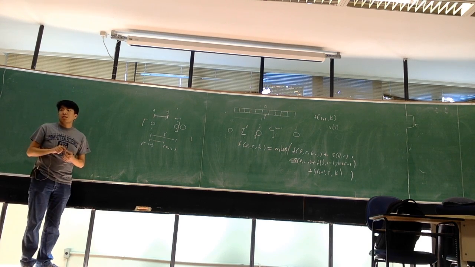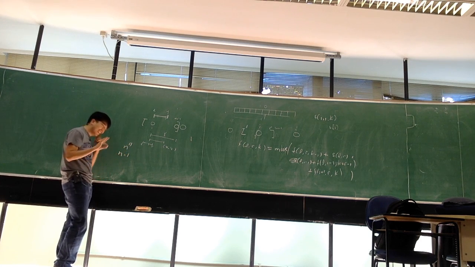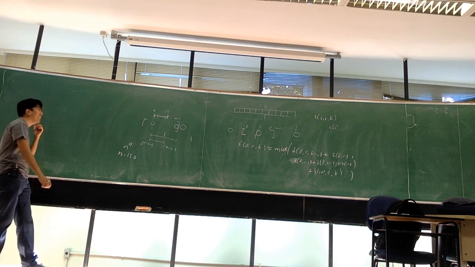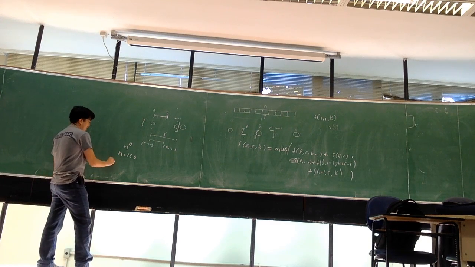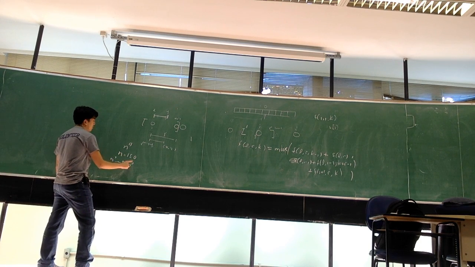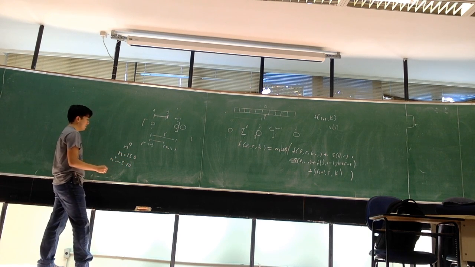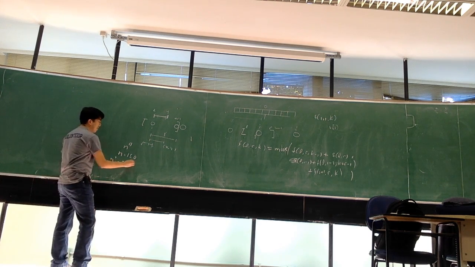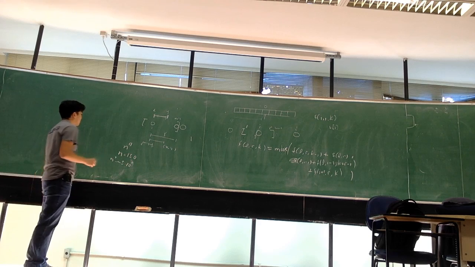Isn't this n to the fourth? Yeah, it's n to the fourth. n was 150, so you might be worried. n to the fourth is close to 5 times 10 to the 8th power.